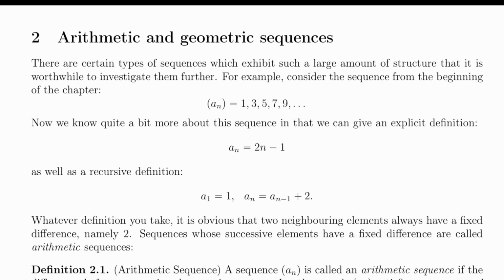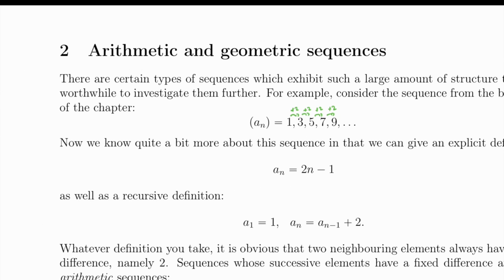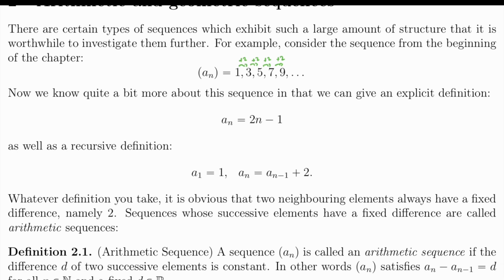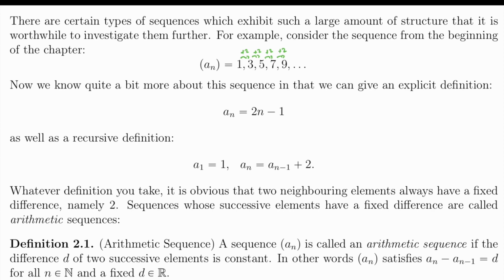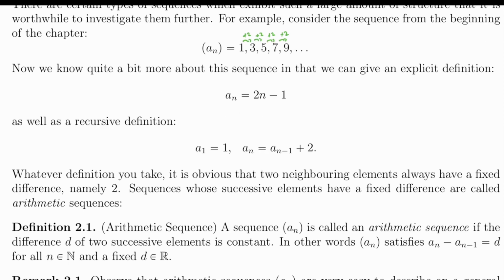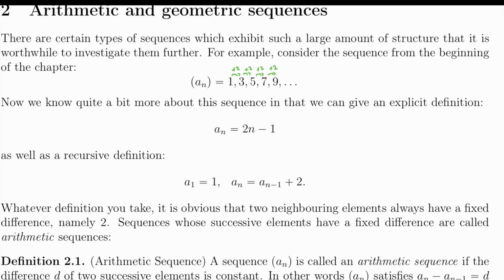The first one is where you always add the same thing, so you always do plus 2 here, for instance, plus 2, plus 2, and here we already saw the explicit definition is a_n is 2n minus 1, or a recursive definition would be a_1 is 1 and a_n is just the previous one plus 2, so a_{n-1} plus 2.